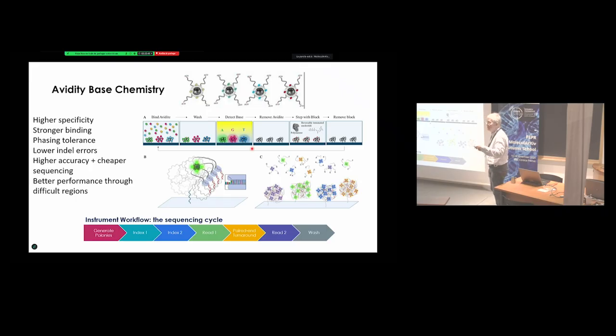At the same time you decrease the quantity of reagents, so you have a clearer signal to noise ratio, and that leads to lower indel errors, higher accuracy, and cheaper price. This is also interesting for working with some difficult regions.